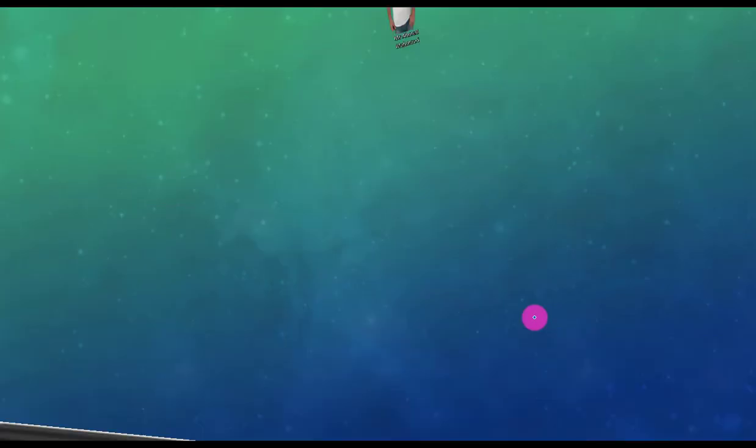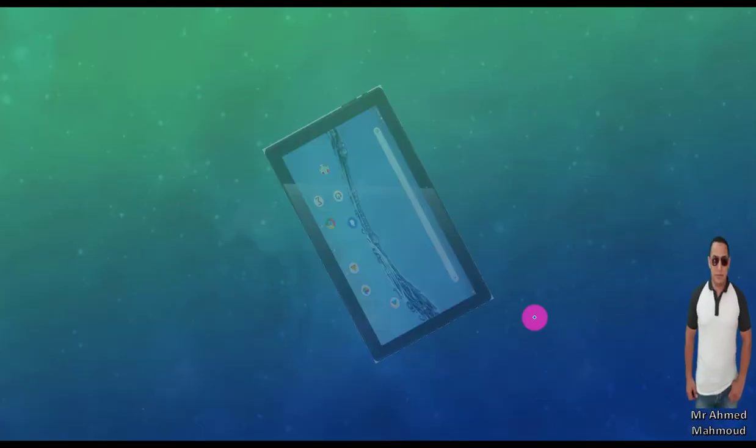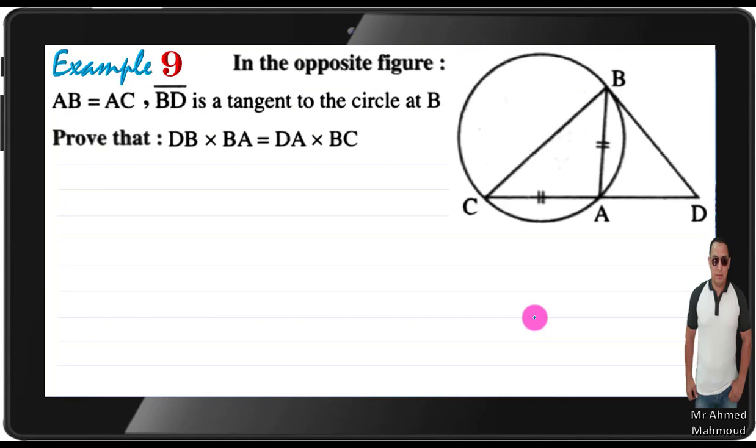Now example 9. In this example AB equals AC and BD is a tangent to the circle. We knew before that the tangent of the circle makes an angle with a chord called angle of tangency. This angle equals the inscribed angle subtended by the arc AB.